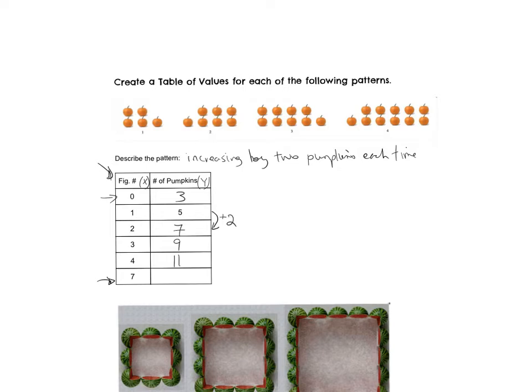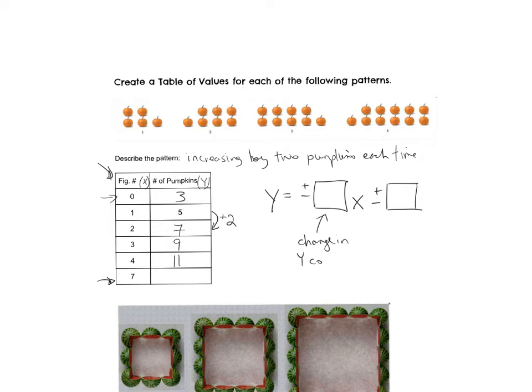Now the third way is going to use an expression. Now to build our expression, we use the expression builder. And here's the expression builder. So we have positive, negative, blank, X, plus or minus blank. Now to fill in the blank to build our expression for this particular pattern, in the first blank, we put the change in the Y column.